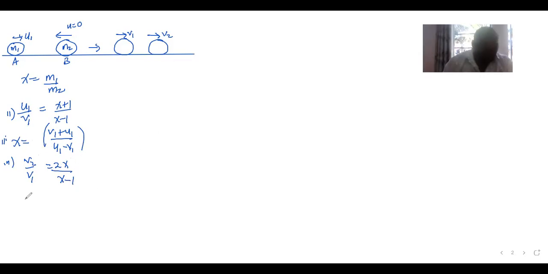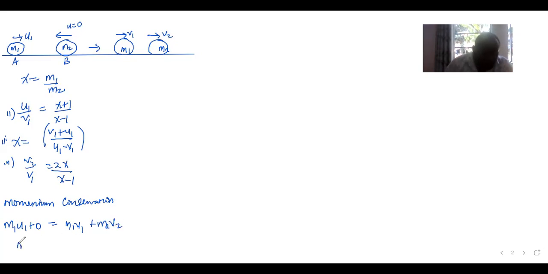Now, to start with, you look at momentum conservation. For momentum conservation, we have momentum before, M1 U1 plus 0 for M2, is equal to, after collision, M1 V1 plus M2 V2.